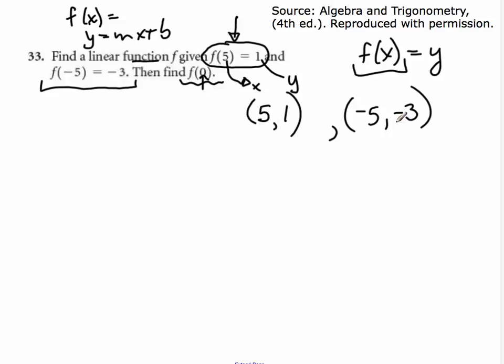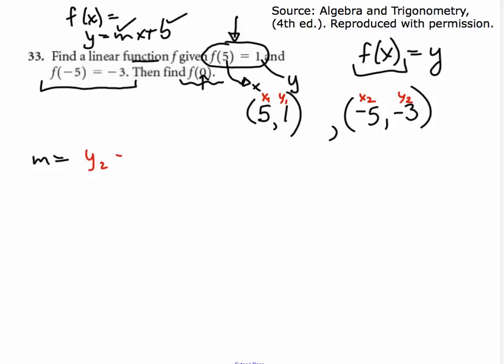Now that I have 2 points, I can use those things we did in class to determine the slope, because we need the slope, and the y-intercept, we need the y-intercept. Let's do that. I'm just going to use the slope formula, m equals, and then let's make this x1 and y1, make this x2 and y2, and then we'll plug them in.